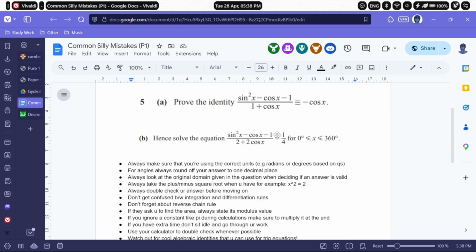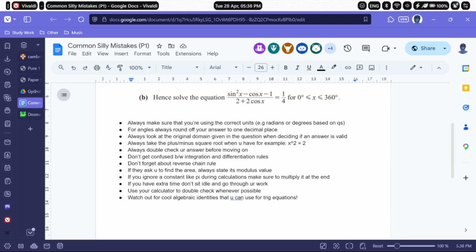So just keep in mind that it could be multiplied by some scalar factor, or there could be something like sin squared 2x. Like, x could be multiplied by some variable factor as well. Apart from that, whenever you're solving your questions, please make sure that you're using the correct units.